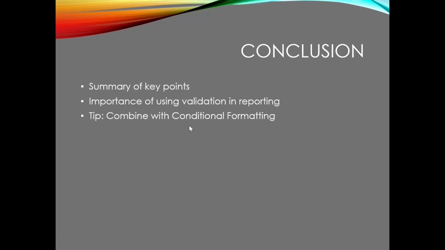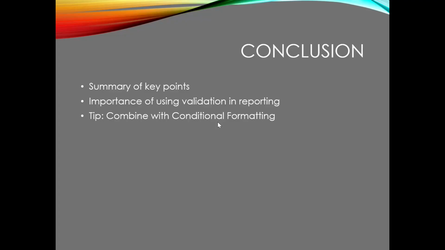Conclusion: a summary of the key points and the importance of using data validation in reporting, and it can be combined with conditional formatting as well. After completing data validation, we go to conditional formatting. Let me brief you on it.